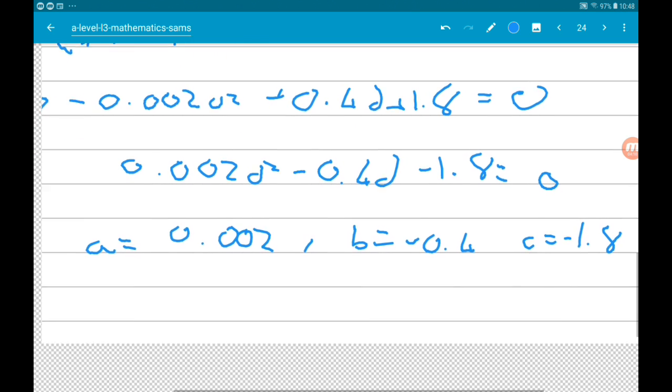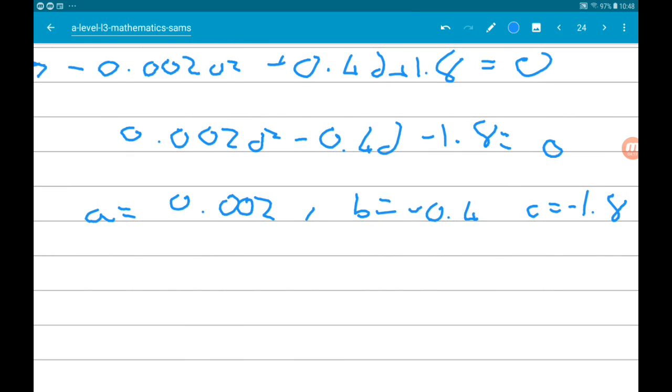So we're going to get d is equal to positive 0.4 plus or minus the square root of technically minus 0.4 squared, but that's exactly the same as positive 0.4 squared.